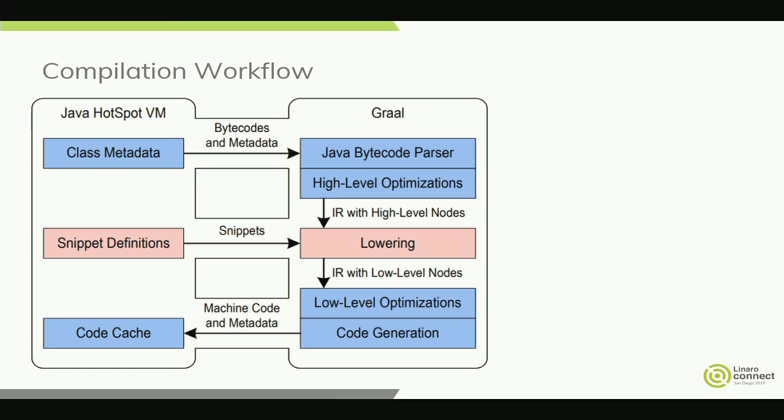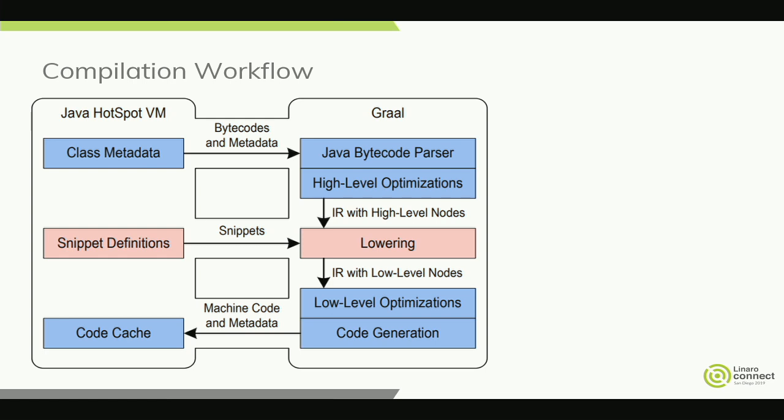This is the compilation framework. At the beginning, Graal will get your bytecodes and class information like metadata from HotSpot. Then Graal begins its compilation with the Java bytecode parser. It will parse the Java bytecodes into high-level nodes.